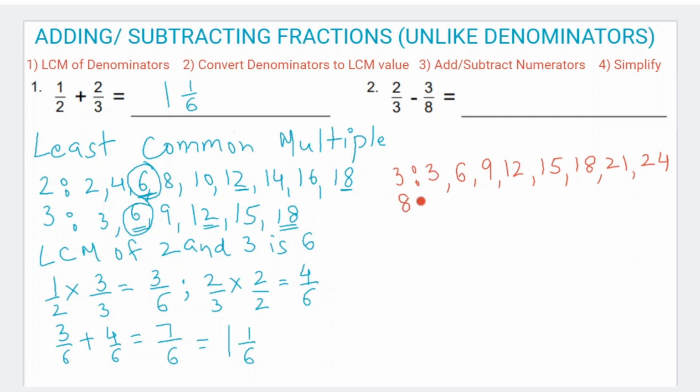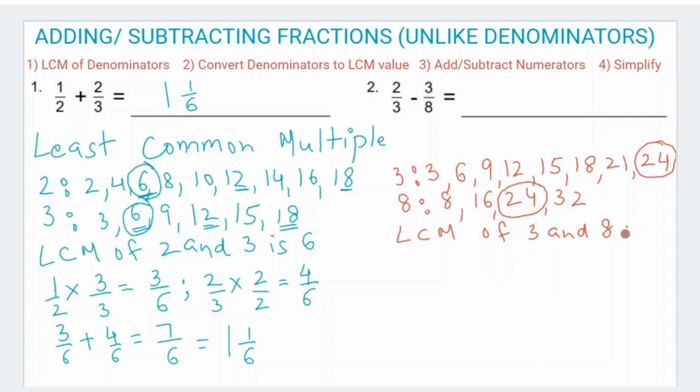For 8, it's going to be 8, 16, 24, 32, and so on. And I realize 24 and 24 is the least common multiple. So the LCM of 3 and 8 is 24.